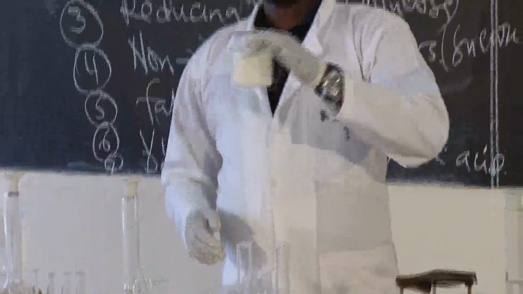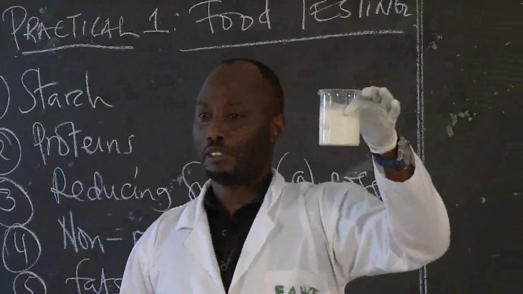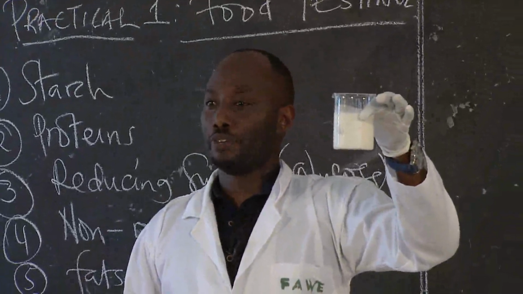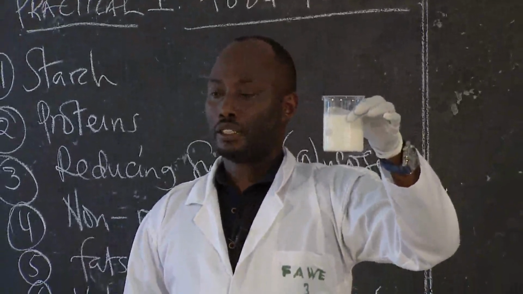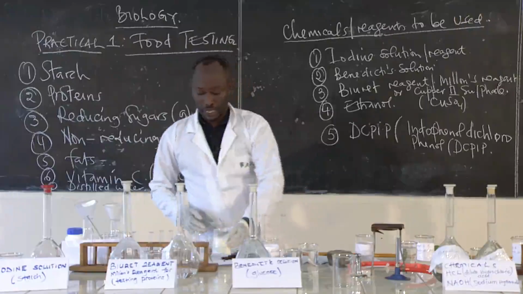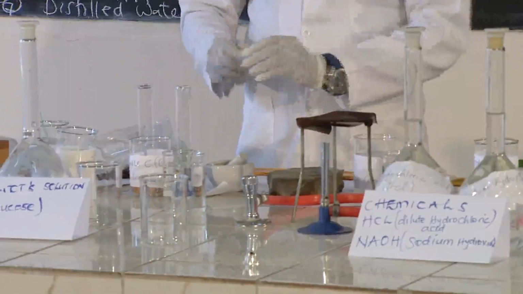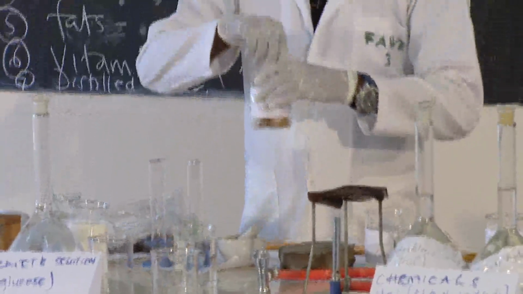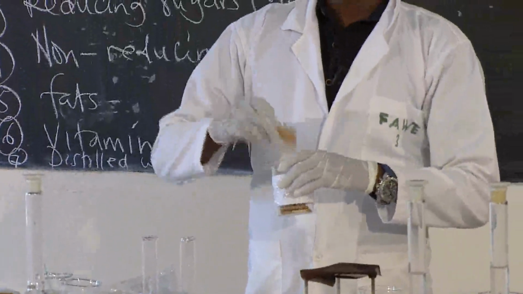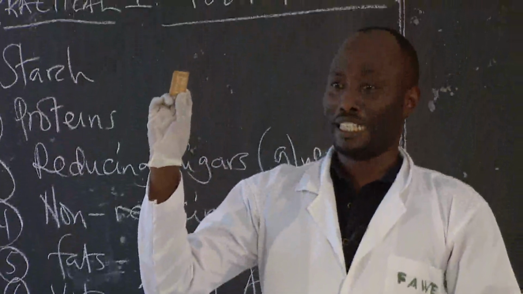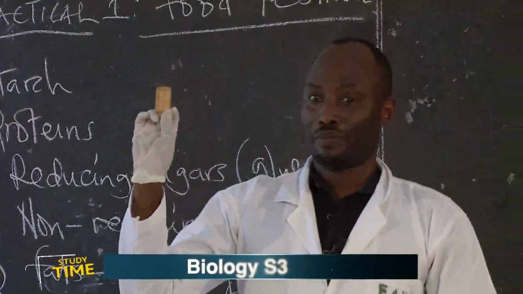I have milk. I think everybody takes milk. It is a bodybuilding food. Lack of it causes kwashiorkor. I have sample C, something very interesting and beautiful. What is this? Biscuits.